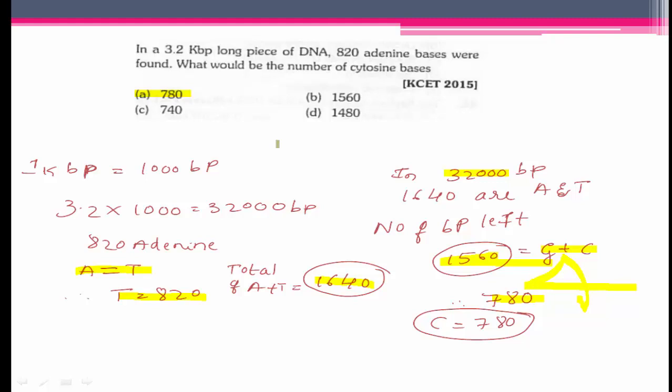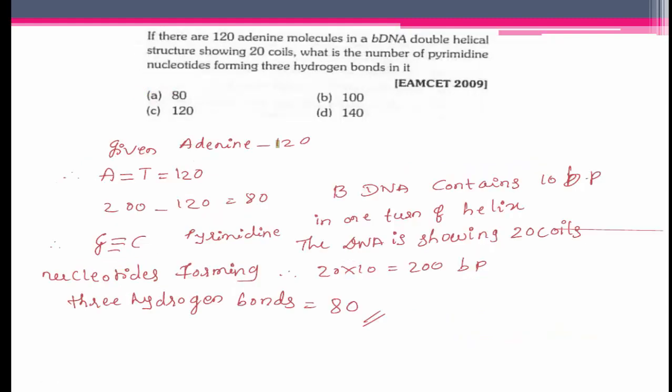Combined, add that value and deduct it from the total number of base pairs obtained after multiplying by 1000. So one value will be obtained, divide it by 2 and you will get the number of any other nitrogen base. Then coming to the next one. Here it is also again like that.